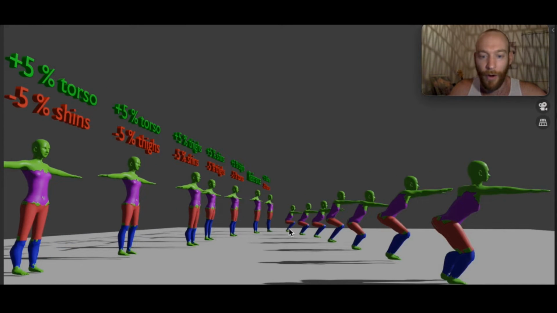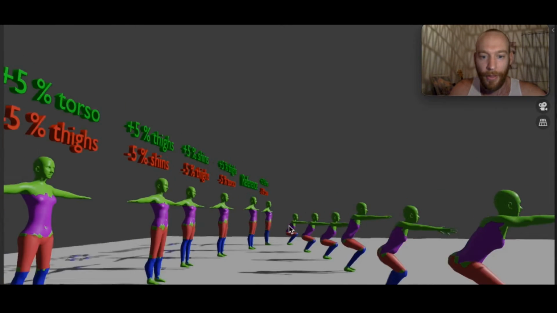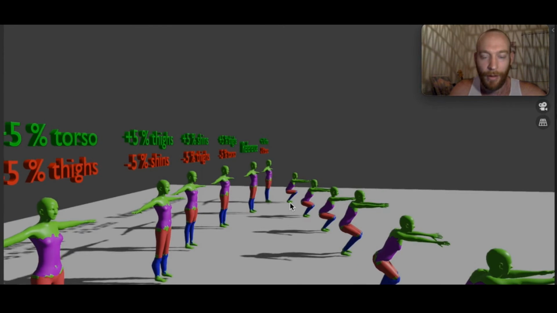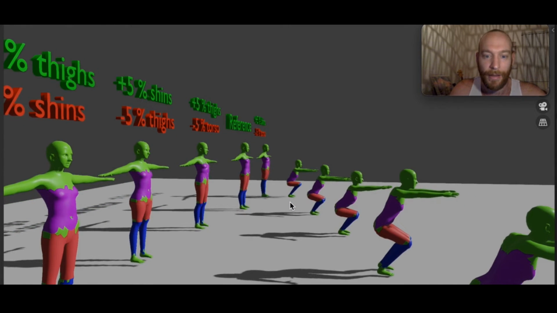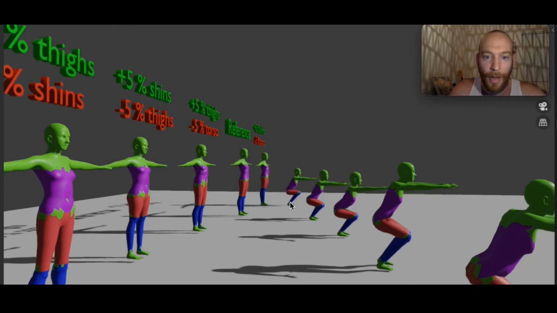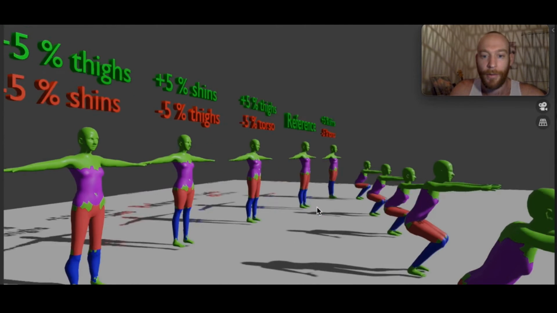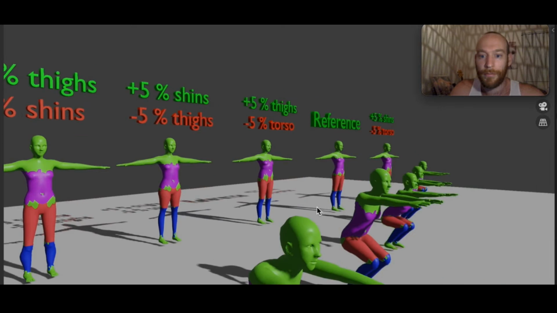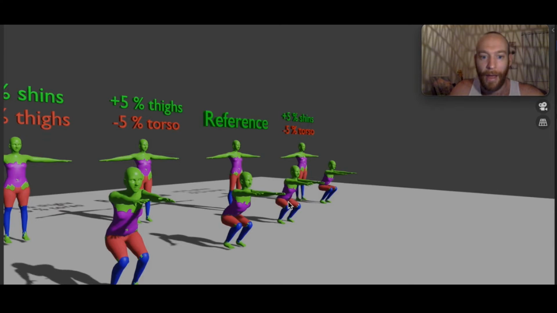So as you look farther down the line, you see a squatter with almost parallel hips to knees, which is great to see that there is some proportion that we were able to create just with this plus 5, minus 5 paradigm to get someone all the way down to parallel. And actually, you'll see the original reference squatter is pretty good, actually. The original reference squatter is not bad.